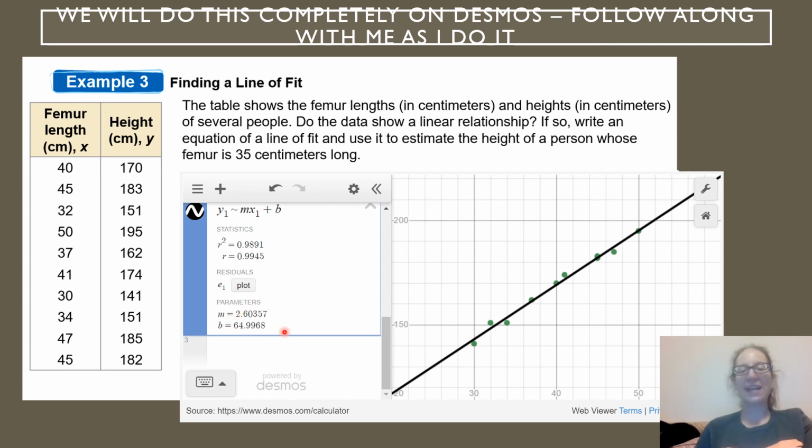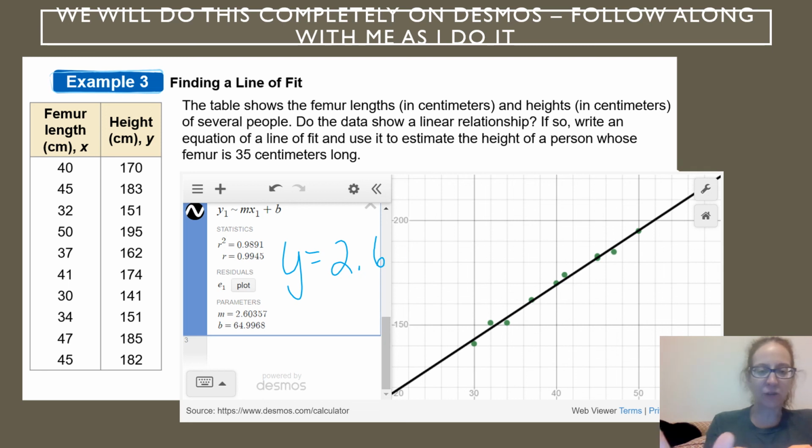And notice that it's actually pretty terrible numbers that we have there, okay? And that's because real life gives you pretty terrible numbers. But let's go ahead and grab those numbers and put them into an equation. So y equals, m is 2.6.